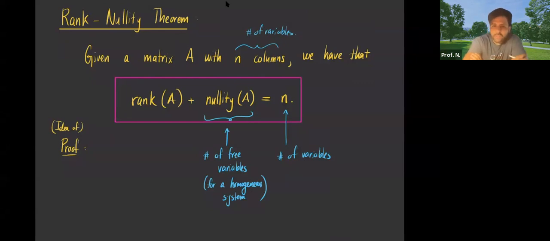So the number of variables, now we're coming back to this though. The number of free variables for a homogeneous system plus what? What does rank A tell us? It's the number of what? Number of pivot variables.